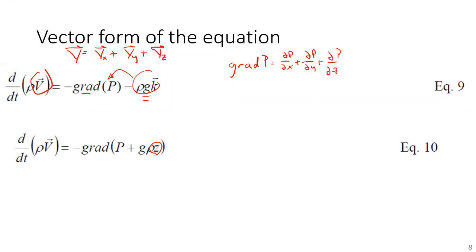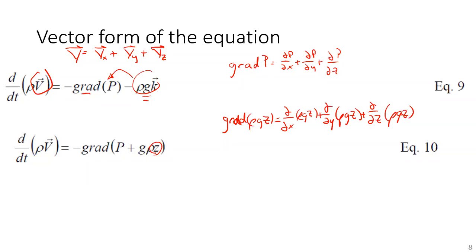So by pulling it into the gradient term, remember, the gradient of rho g z in this case is equal to d dx of rho g z plus d dy of rho g z plus d dz of rho g z. And in this case, rho g is a constant. It can be pulled out of all of those.